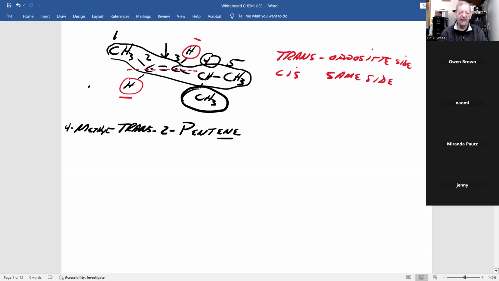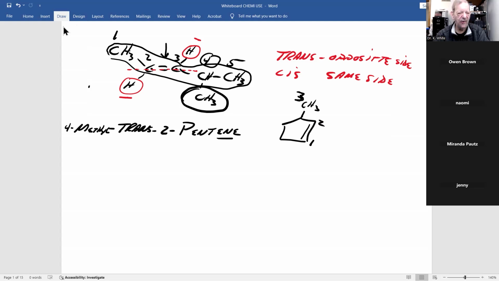If it's in a ring, one of the carbons will always be carbon 1 and the other 2. And you do it in such a way to give the lowest numbers to also the alkyl groups. So in this one, this is 1, this is 2, this is 3.